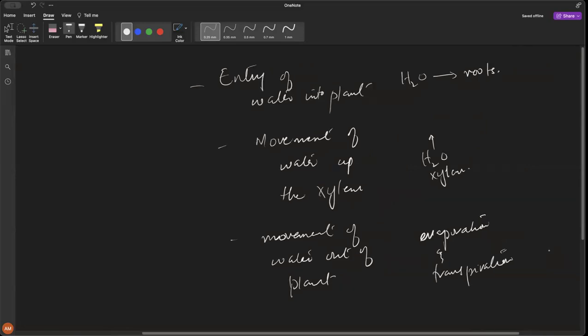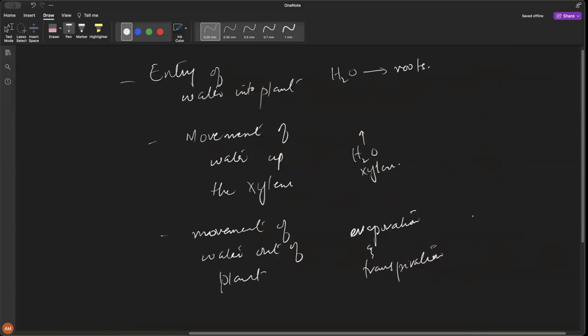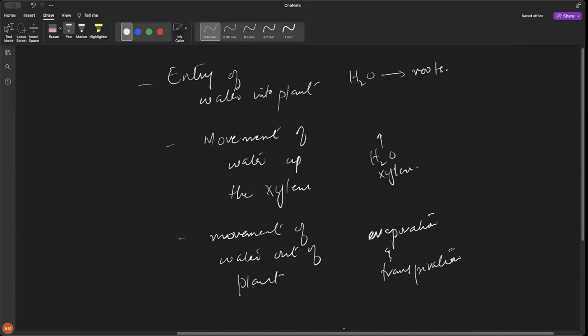We have already discussed the difference between evaporation and transpiration when we were doing photosynthesis. We would also have to discuss the factors that are influential in altering the rate of transpiration and evaporation. So this is what is left in this topic, inshallah.